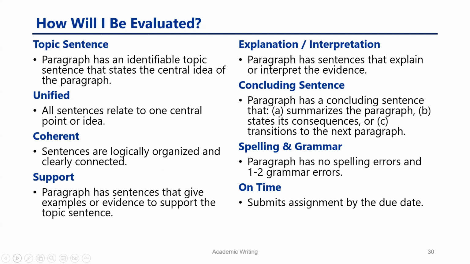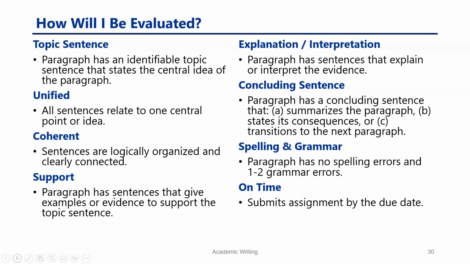So how will we evaluate those paragraphs? First of all, it has to have an identifiable topic sentence that states the central idea of the paragraph. Then all sentences must relate to that central point or idea. Sentences must be logically organized and clearly connected.